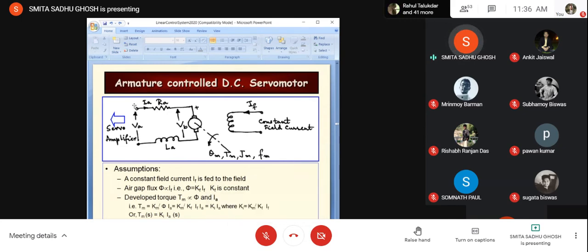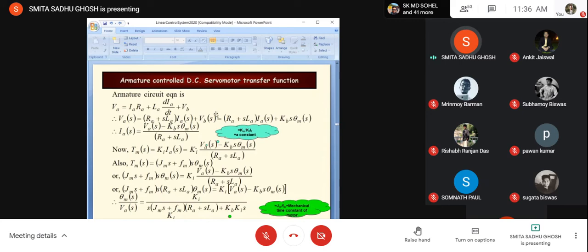We have VA is equal to IA RA plus LA into dIA dt plus the Vb that we have, that is the back EMF. So that is the equation that we start off with. Now if we take the Laplace transform, VA(s) is equal to (RA plus s LA) IA(s) plus Vb(s).